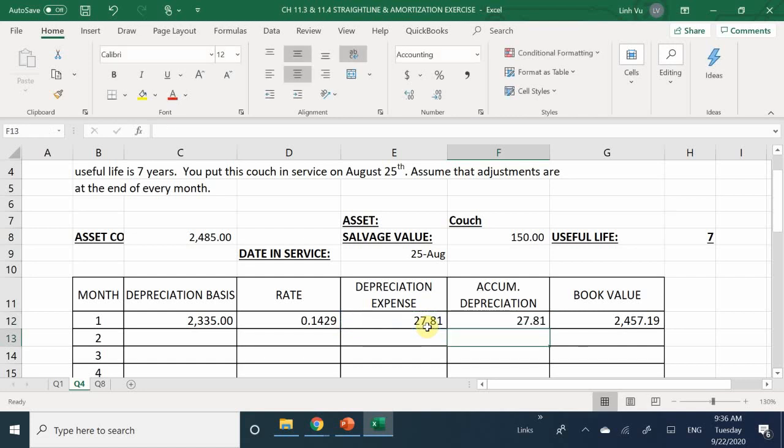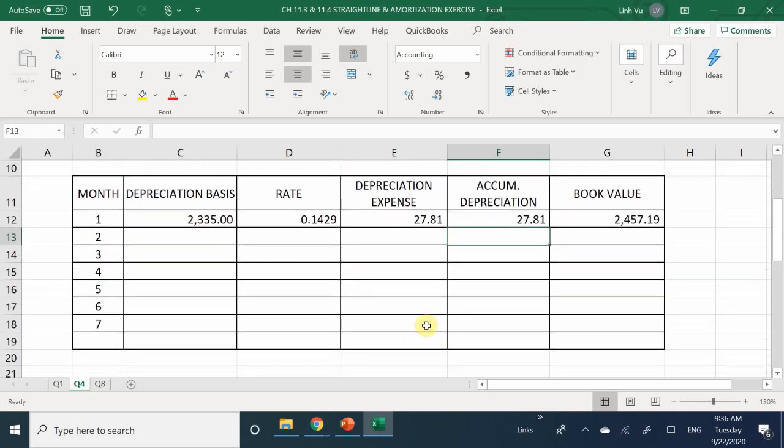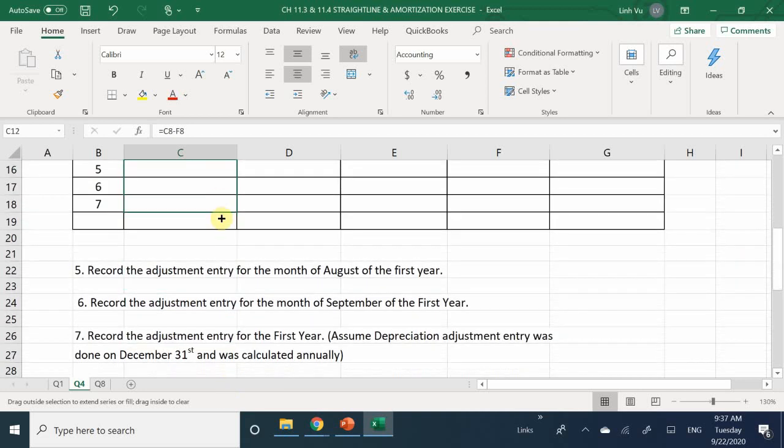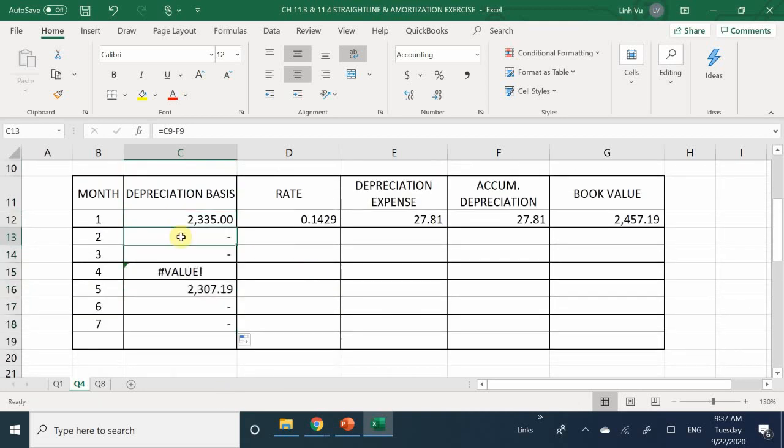So in this case, yes, my total amount should be 2757.19. So what's the assumption that my depreciation basis is going to look like? The same. Good. Same thing with the rate and the depreciation expense.